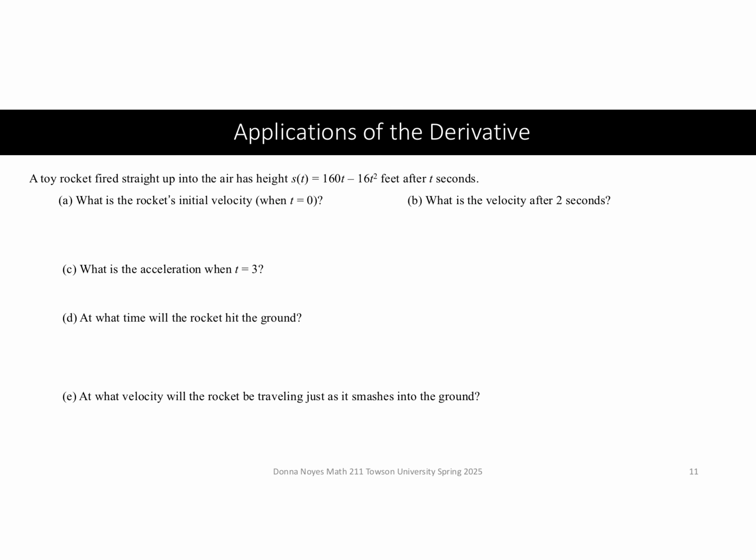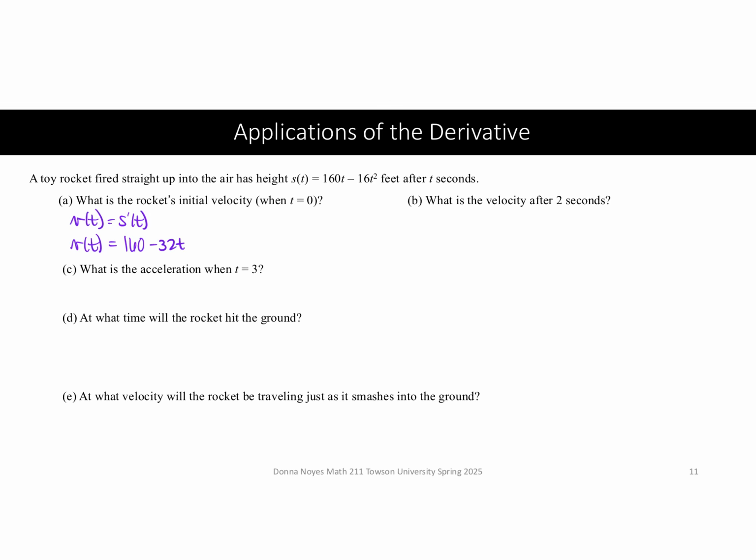So that means we have to find first what the velocity is. How do we do that? We take a derivative. So let's do that. So v of t is the same as s prime of t, which means v of t is going to be the derivative of 160t minus 16t squared, which is 160, because remember this is in terms of t, 160 minus 32t.